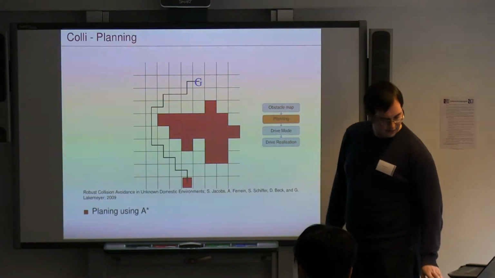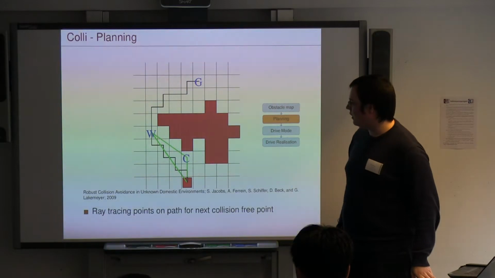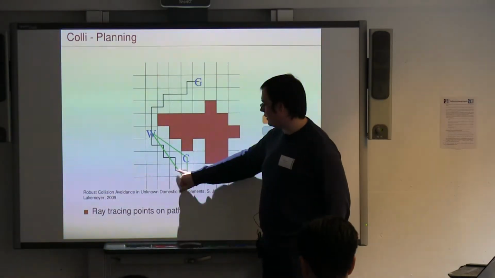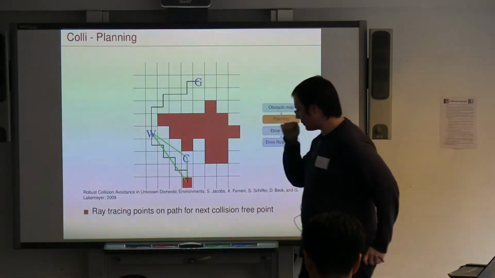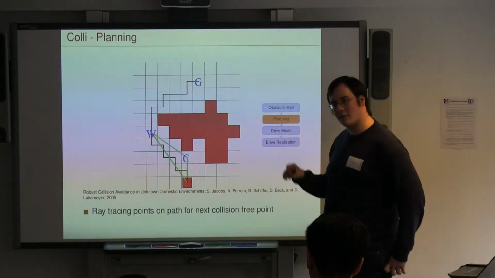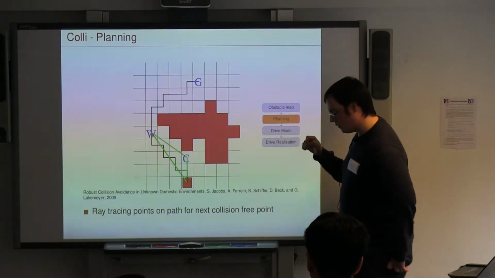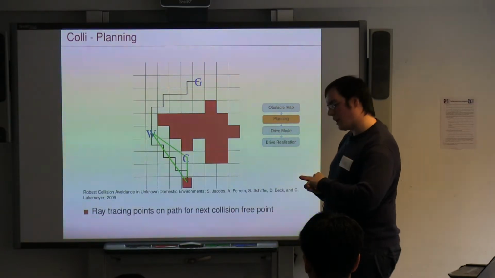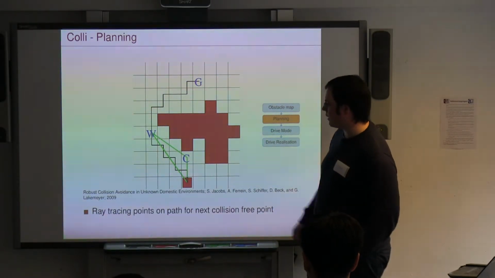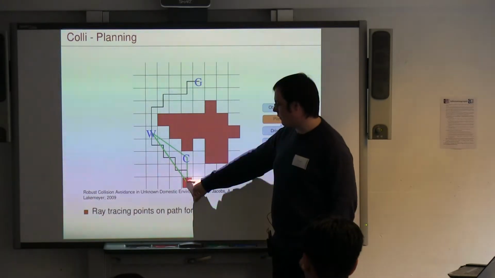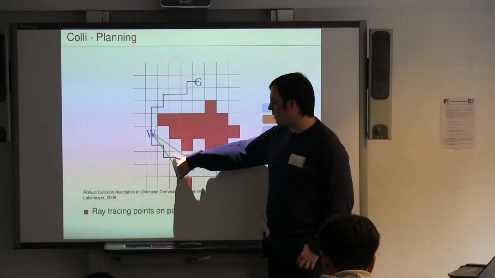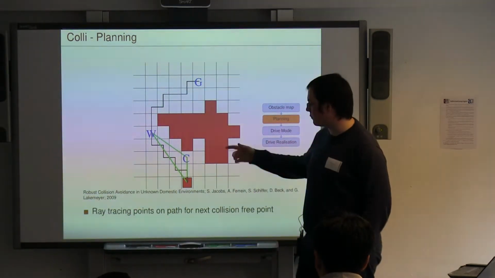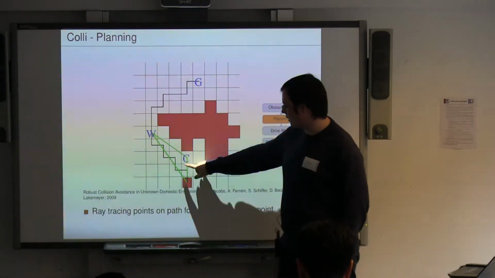What we then do in the second step of the planning is we try to find on our plan the next point on the plan which you can directly reach. We do that by raycasting from the position on the plan to the robot position.